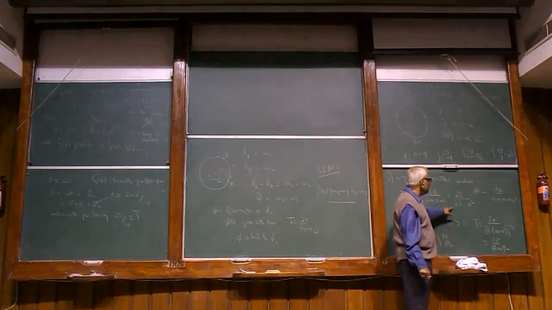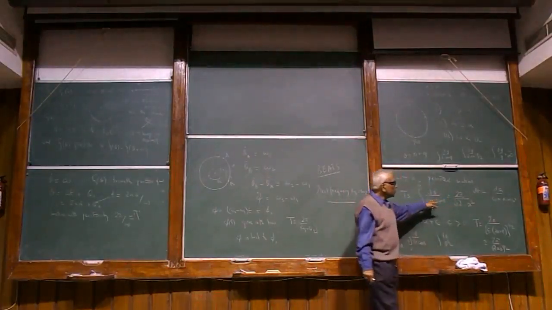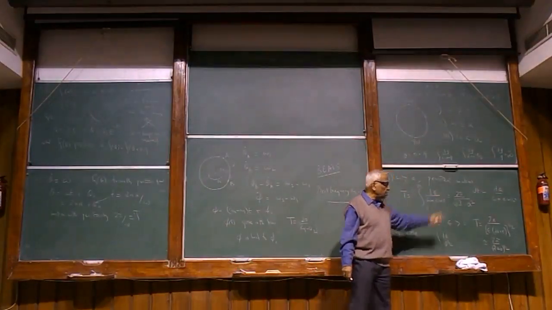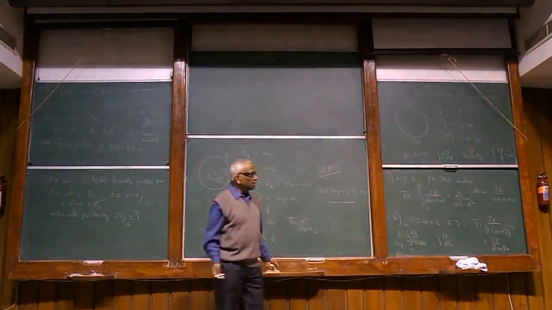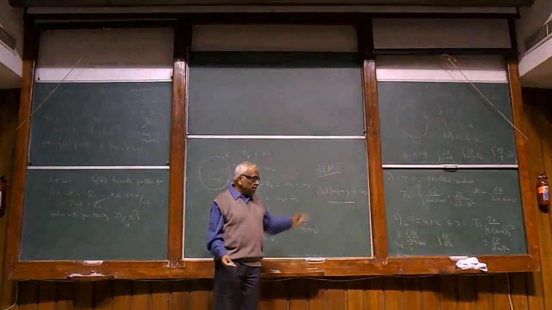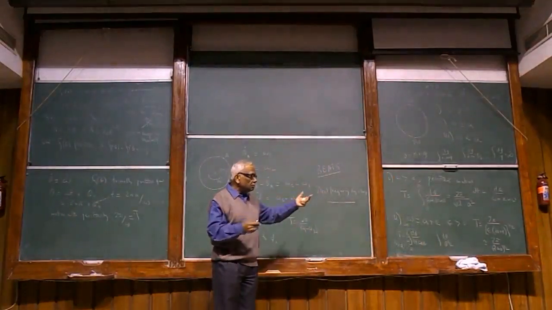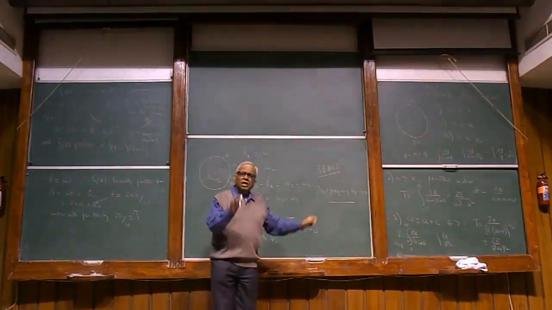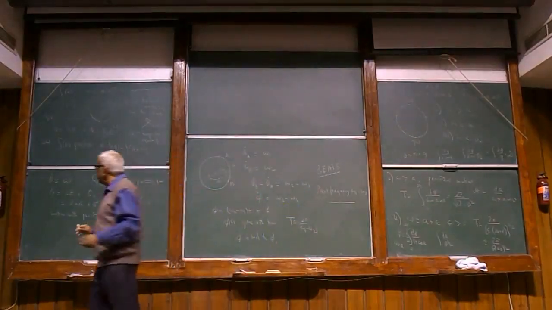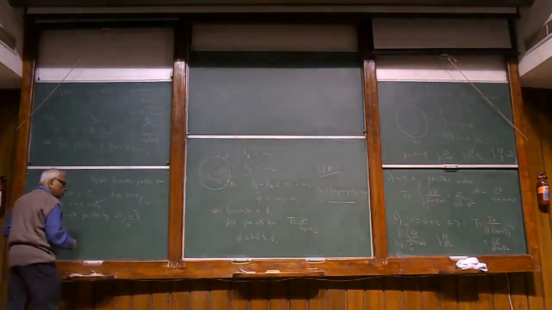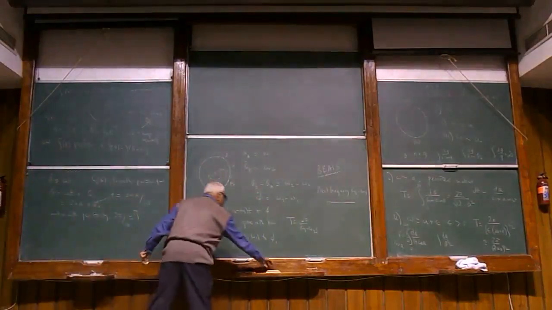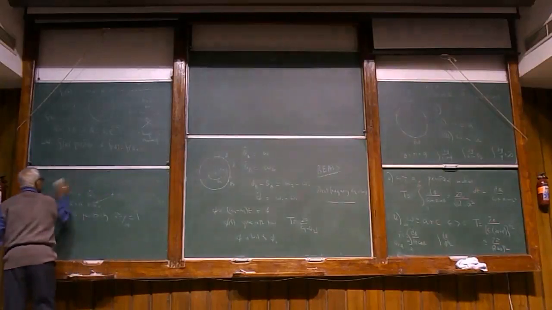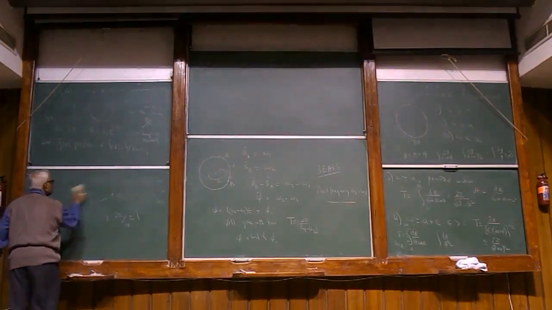Either you use a contour or you use the substitution tan half theta equal to x, and thereafter you can get it. But if I'm looking at omega equal to a plus epsilon, and epsilon is small, and I want the leading order behavior, I don't need to do all that. So let's have a look at this.